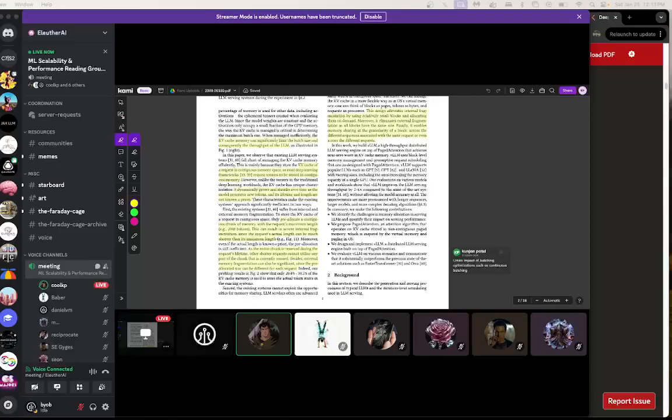So that's the internal fragmentation problem being highlighted here. Pre-allocate a contiguous chunk of memory with the request maximum length. This can result in severe internal fragmentation since the request's actual length can be shorter than its maximum length.